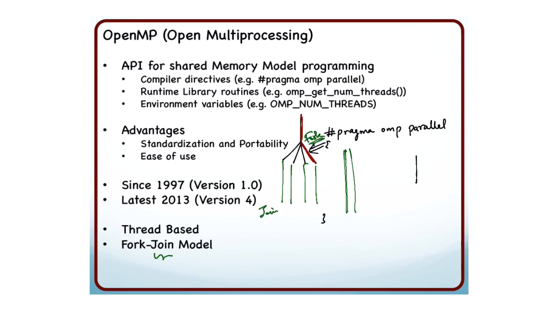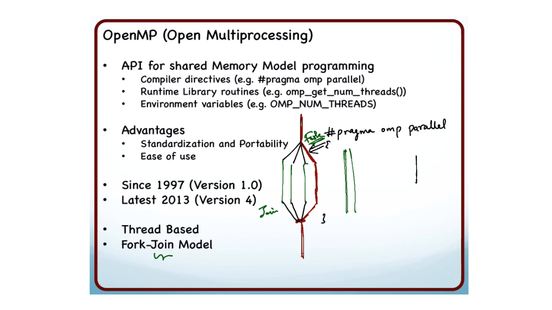And at the end, a join operation is performed where essentially the master thread, remember, will, at this point of time, wait for all the other threads to complete. Okay? So all the other threads, when they complete, will come and join over here. And when all the other threads have completed and joined back, at that time it will proceed ahead again with the remaining code.